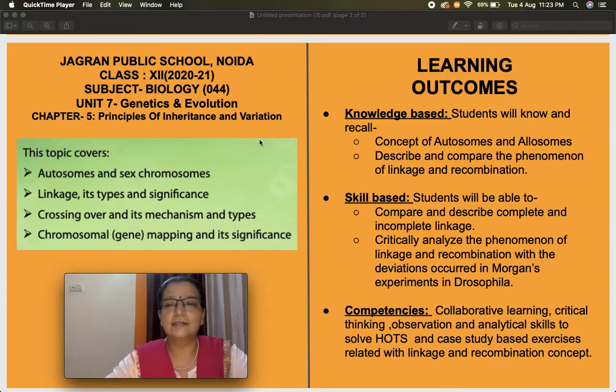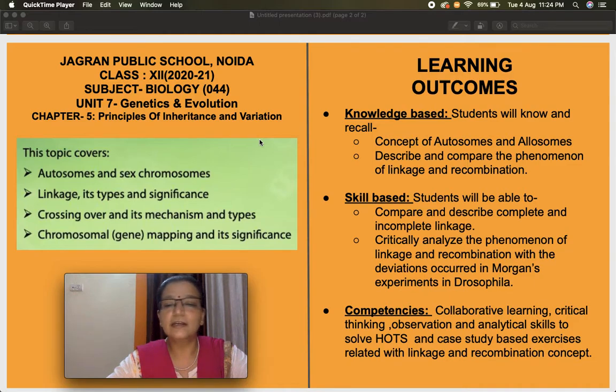After today's class, the expected learning outcomes, knowledge based category: students will be able to know and recall the concept of autosomes and allosomes, describe and compare the phenomenon of linkage and recombination. And in skill based competencies, you will be able to compare and describe complete and incomplete linkage.